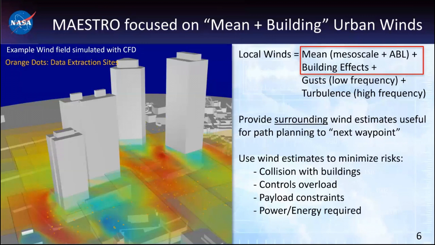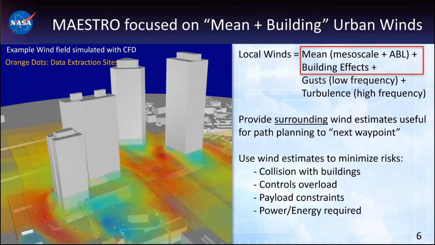So in summary, Maestro is really focused on what I call mean plus building urban winds. Mean meaning the mesoscale and atmospheric boundary layer winds and the effects that the buildings have. Now, we're currently not making estimations using Maestro for the gusts and turbulence that happen at higher frequencies.